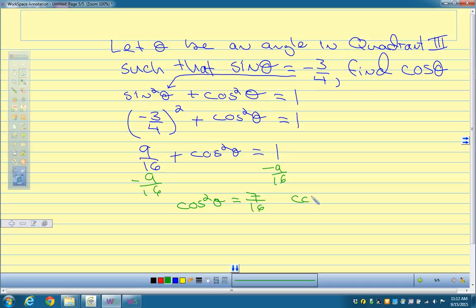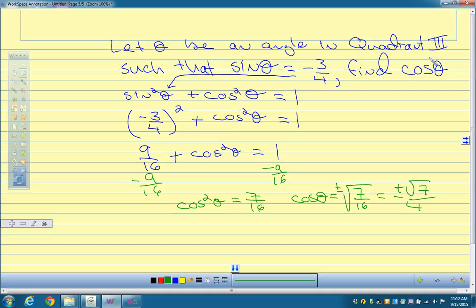So cosine theta is equal to plus or minus the square root of 7/16. Do you know that you could pull a square root of 16 out of there? But you have to leave the square root of 7 alone. So it's plus or minus the square root of 7 divided by 4.